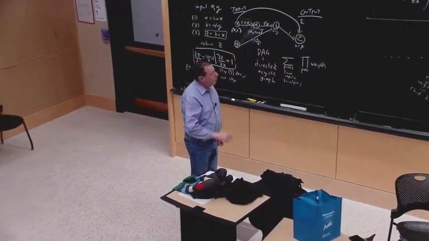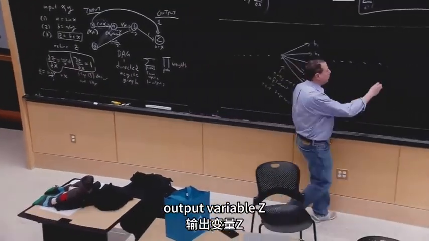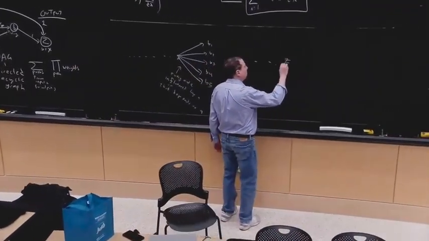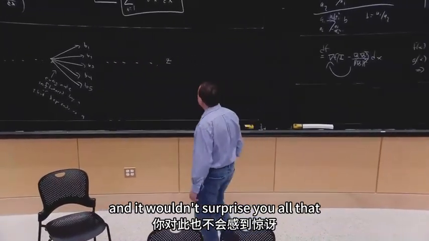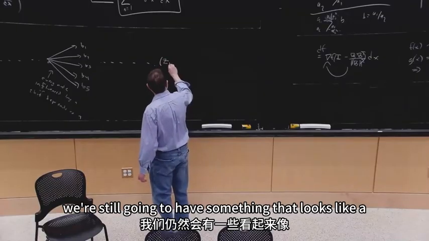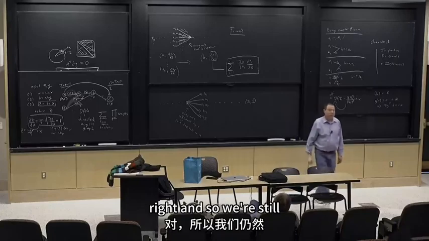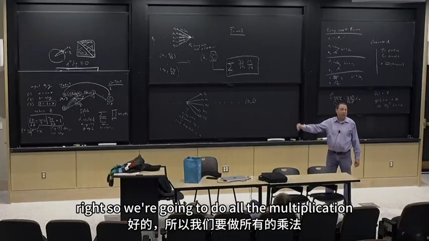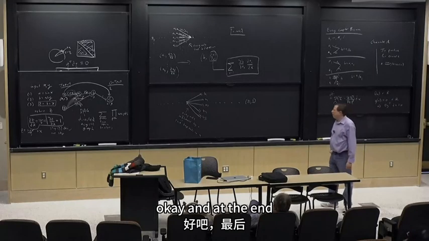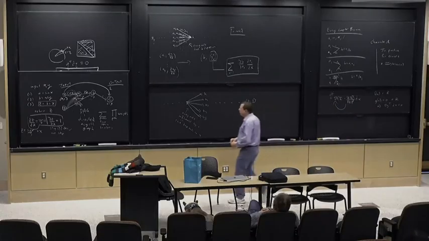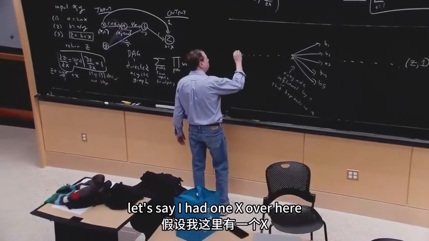Okay? And what we're going to do is have a final output variable Z, where everything's going to start. It wouldn't surprise you that we're still going to have something that looks like an ordered pair of numbers, but we're going to work our way this way. So we're going to do all the multiplications from right to left. At the end, over here, let's say I had 1 x over here.